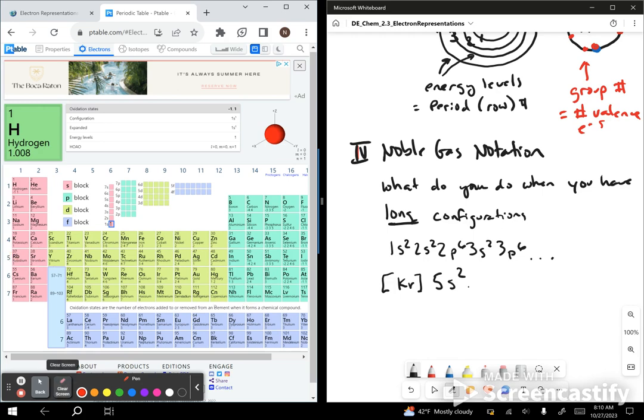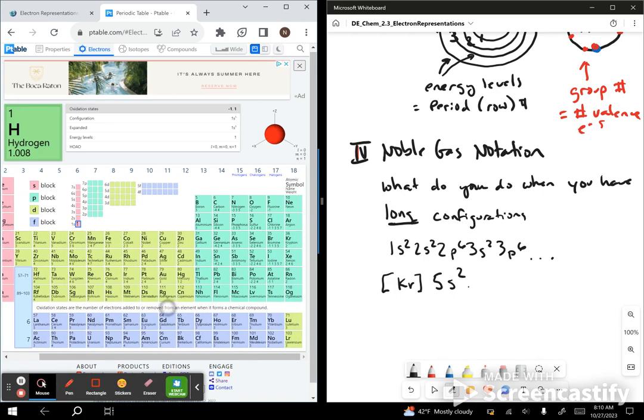Kr was 36, right? This had 36. So that's 37, 38. How many do I need for silver? I need 47. So 36, 37, 38.